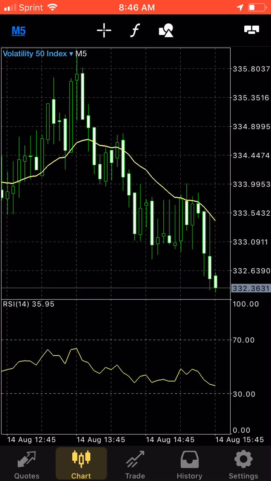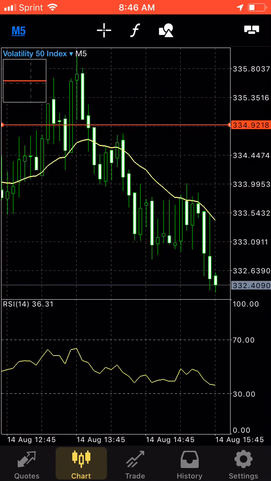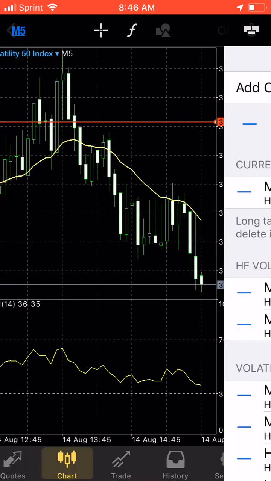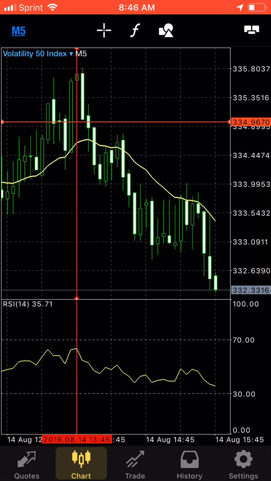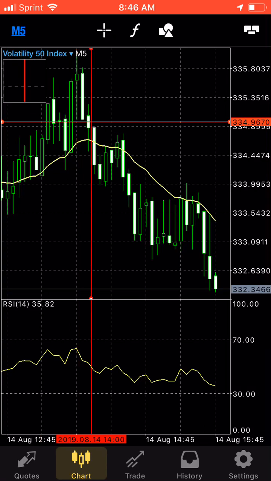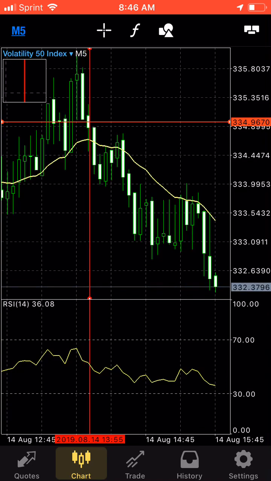So assuming you missed the entry, which possibly could have been here or here, because on this candle we saw an indecision candle, then we saw a bearish control or takeover of the market.